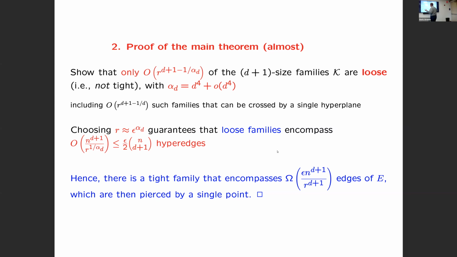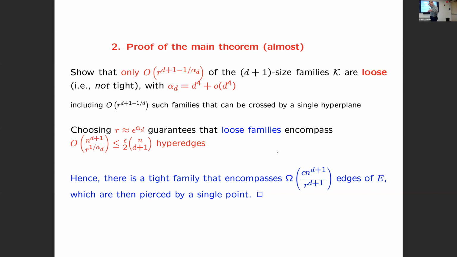So any d plus 1 points forming a simplex in our epsilon dense hypergraph fall in one of these d plus 1 tuples, hopefully, except for a small number where two vertices fall into one partition simplex. But mostly they fall into different d plus 1 tuples.